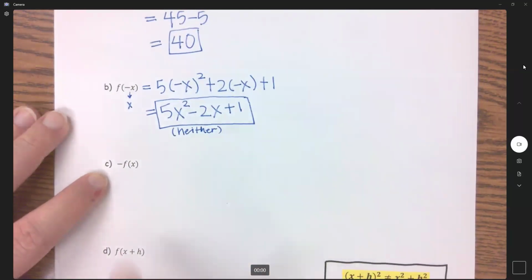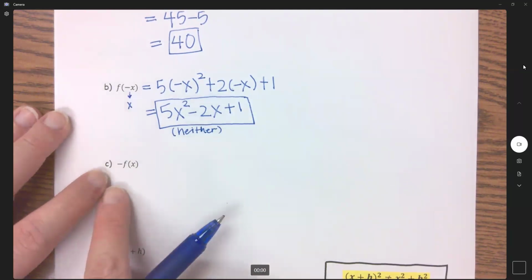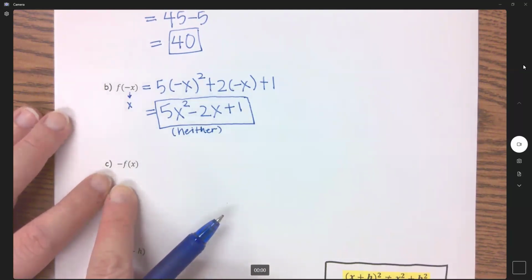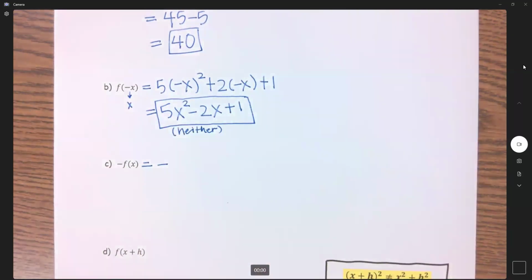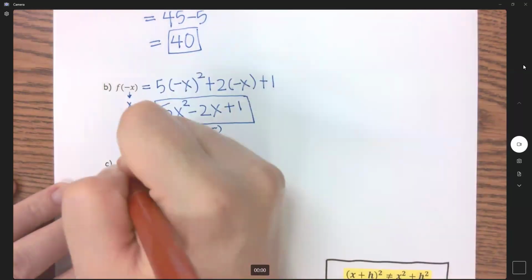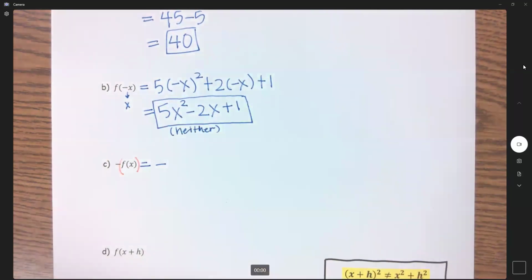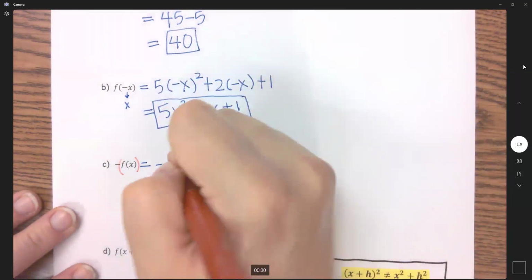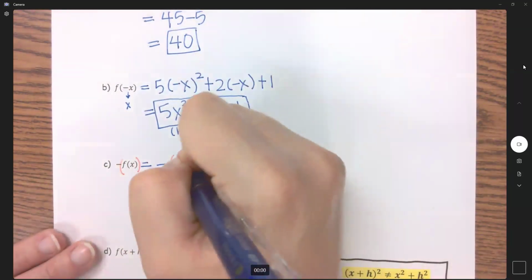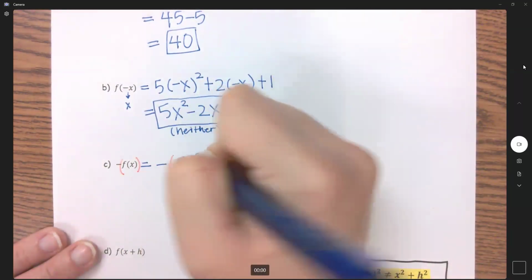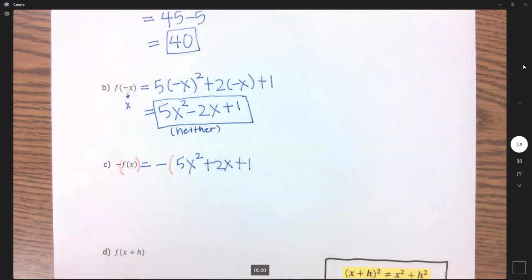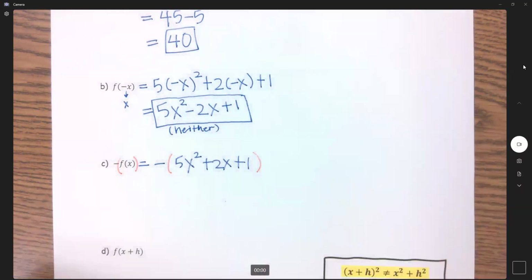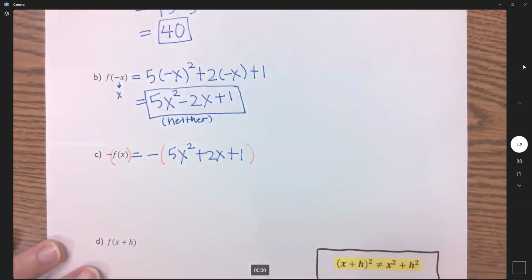Okay, now this looks very similar to this, but now I want the negative version of my function. So now that negative goes out front, and I need parentheses around everything. 5x squared plus 2x plus 1. And so distribute.